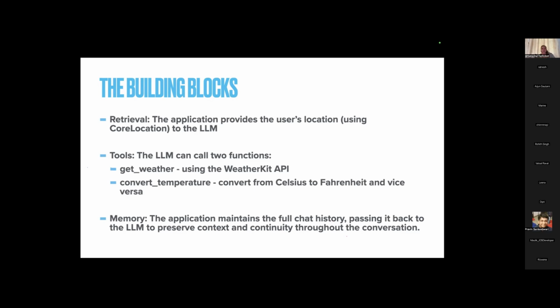Then I give the LLM tools or functions that it can call. One tool is get weather. So iOS has a WeatherKit API that can provide current weather, historical weather, hour by hour weather. It's very nice. So this is where, I don't think AI will replace me, because I still have to code this WeatherKit API function that the LLM has to interact with.